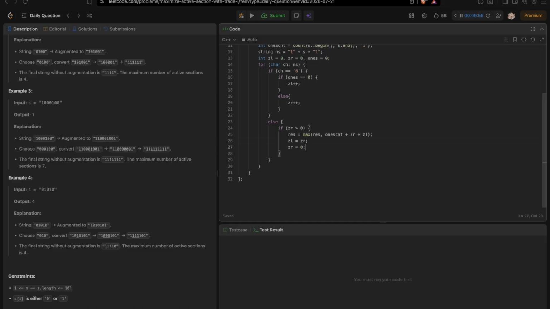We got 1 here. Else if zero left is greater than 0, we don't have any zero right and we have zero left, then we just increment ones till we get any zeros towards right. Now we just return result.